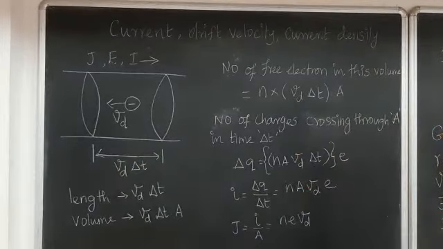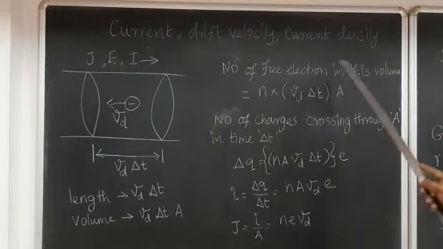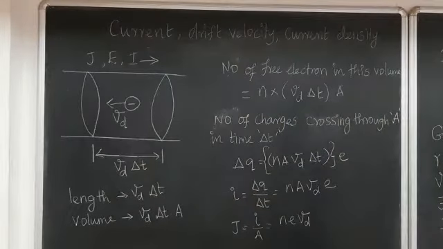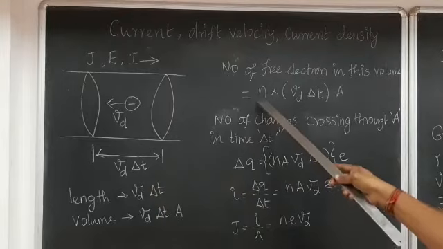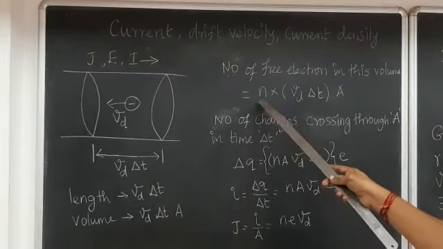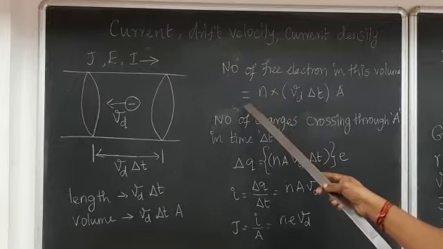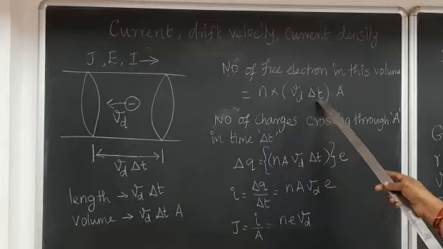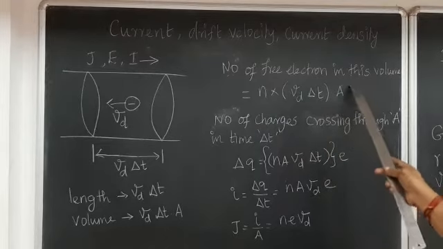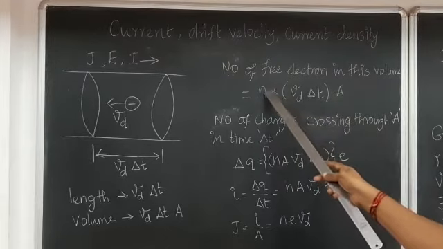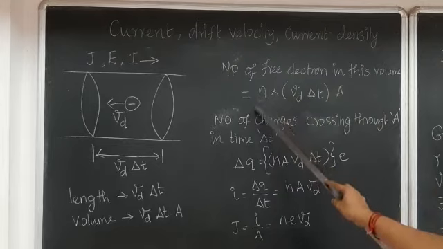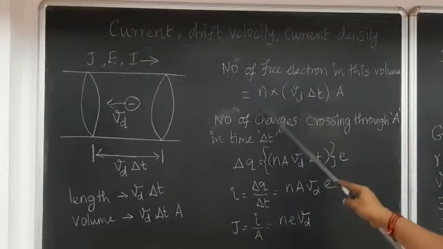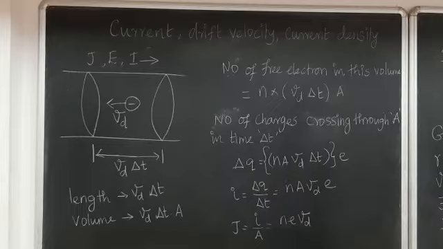The number of free electrons present in this volume: for example, here I made it for a number of pens. Similarly, with n as the number of electrons per unit volume, we get n into Vd into delta t into A. This factor is the volume, so volume cancels and only the number of electrons remains.